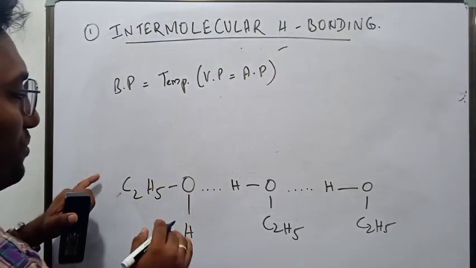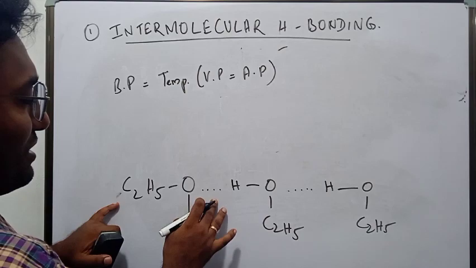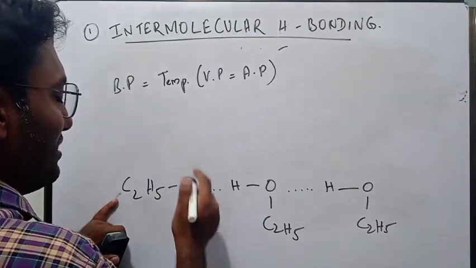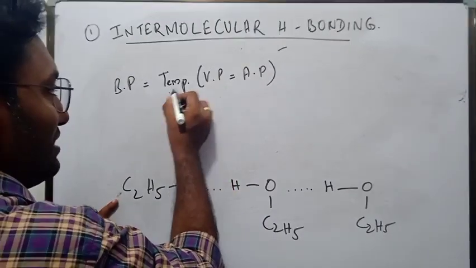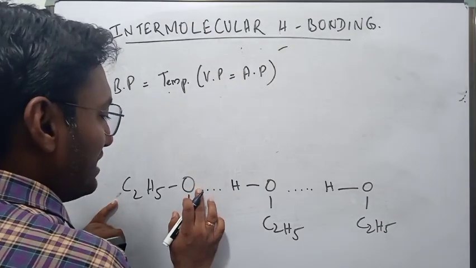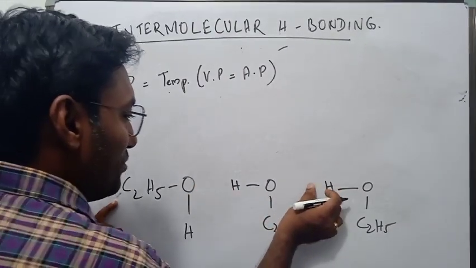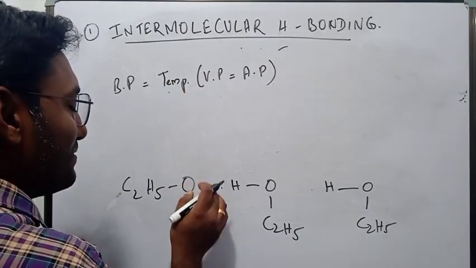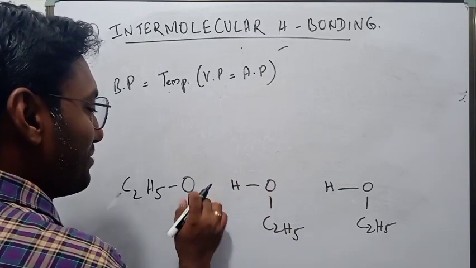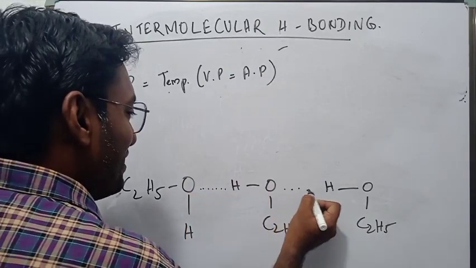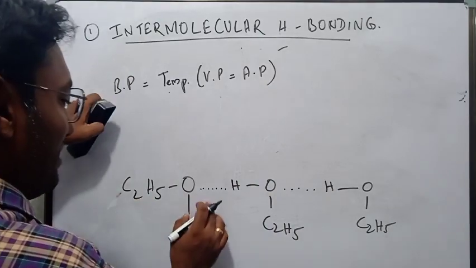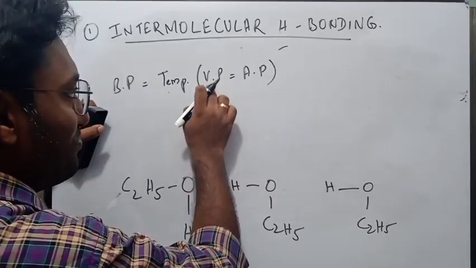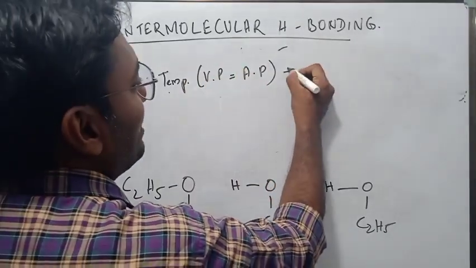If it is a molecule that shows intermolecular hydrogen bonding, what would the boiling point be? First it will be the energy required to break the intermolecular hydrogen bonding, plus the temperature at which vapor pressure is equal to atmospheric pressure.